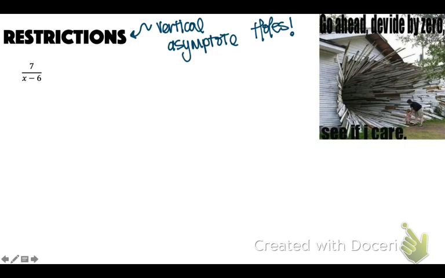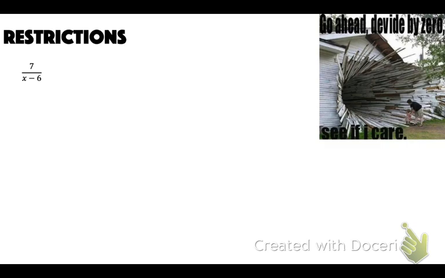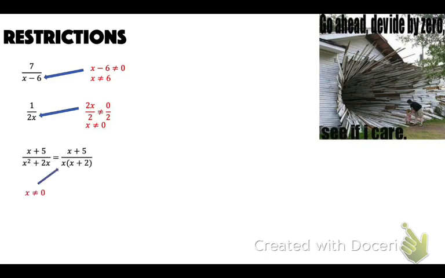So for this one, 7 over x minus 6, to find the restriction, we would just set the bottom equal to 0, so x can't equal 6. This one, 1 over 2x, well, that would be x can't equal 0. This one, we'd factor it first, and it'd be x can't equal 0, and x can't equal -2.